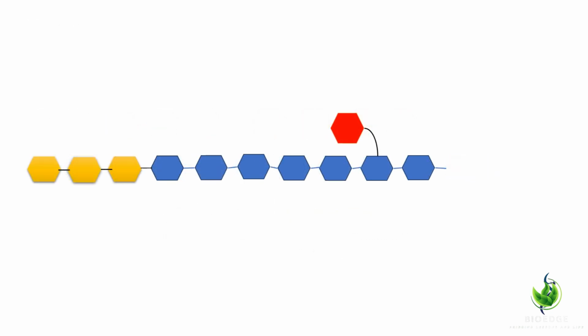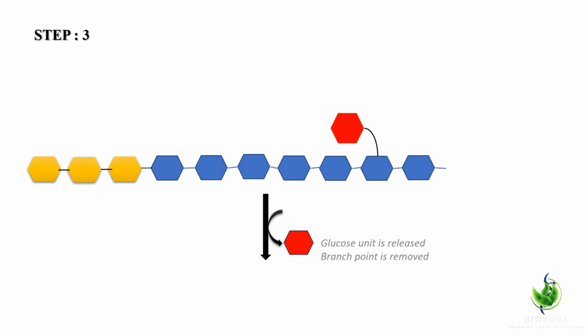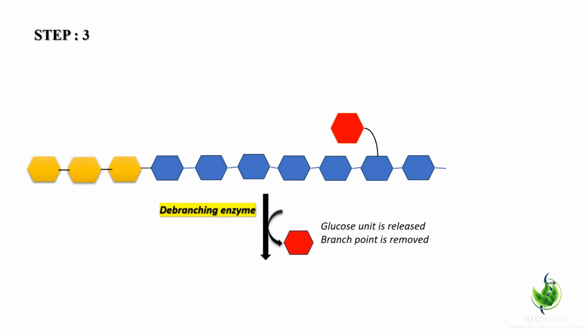Step 3. Phosphoglucomutase. The phosphorylase reaction produces glucose 1-phosphate while the debranching enzyme releases glucose. The glucose 1-phosphate is converted to glucose 6-phosphate by phosphoglucomutase.